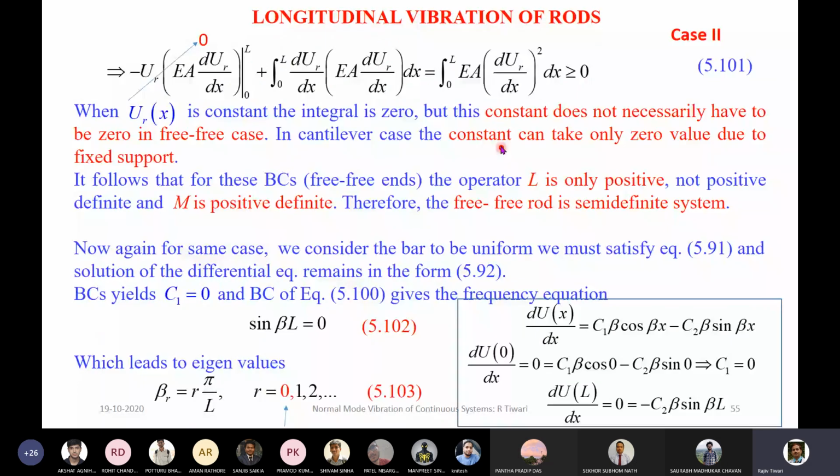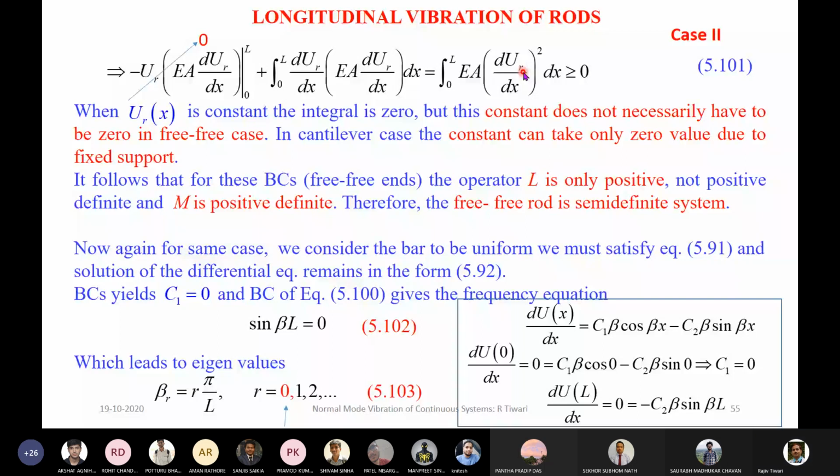Now if you see, EA is the constant term. They cannot be zero, area and Young's modulus. This quantity is a square. So that means this quantity remains positive. That means this quantity will be zero when U_r is zero.